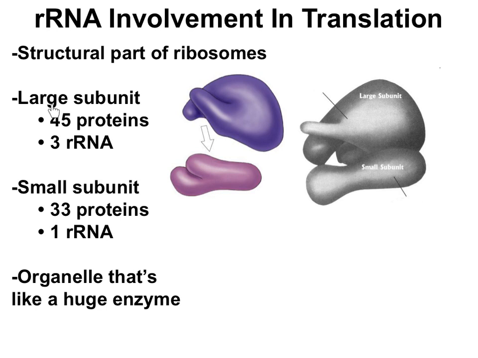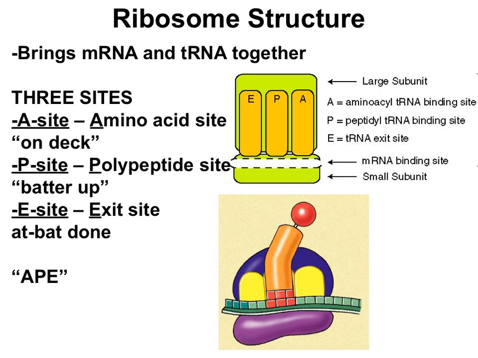Ribosomes are made of a large subunit and a small subunit. Both ribosome subunits are made of a mixture of proteins and rRNA. Together, the subunits act like a huge enzyme that builds proteins using anabolic dehydration synthesis reactions. Once the large and small ribosomal subunits are assembled, they form a ribosome with 3 chambers.